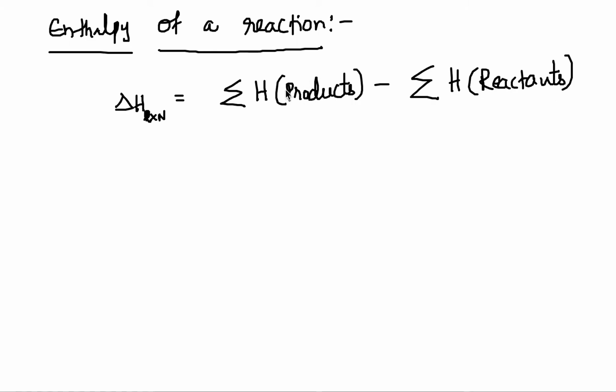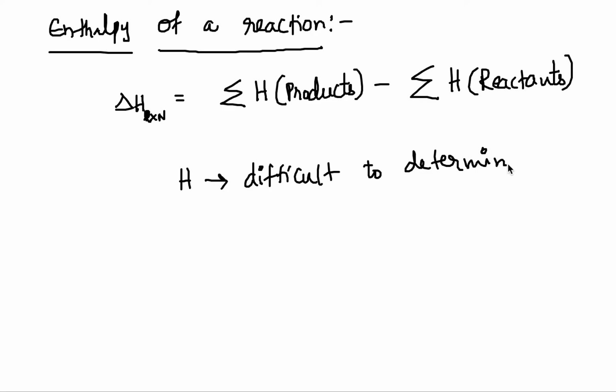Here, H denotes the absolute enthalpy values of products and of reactants. But we know that for enthalpy, it is difficult to determine absolute values. Now this is a problem.